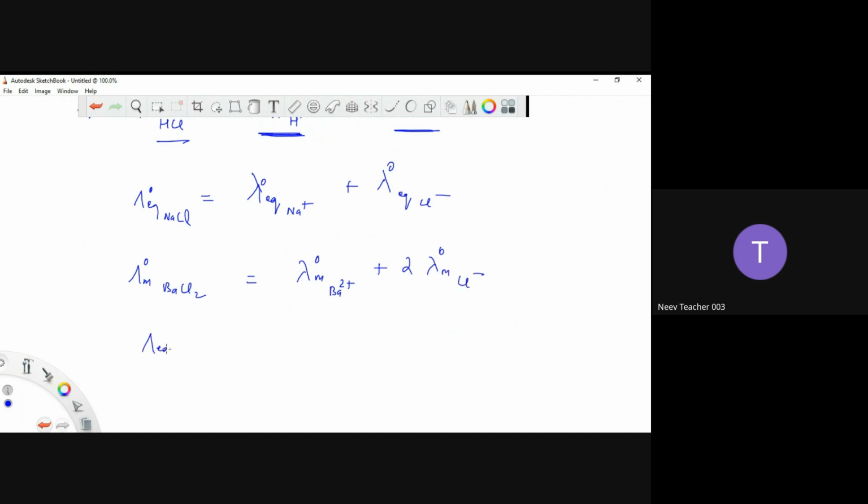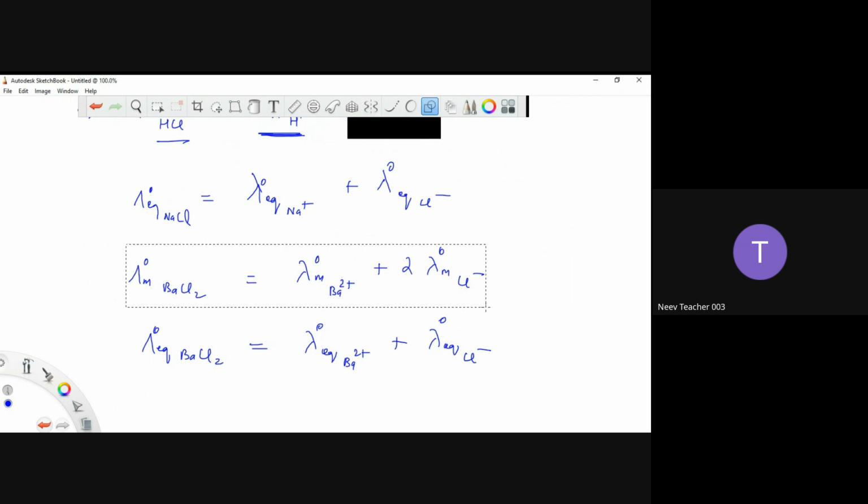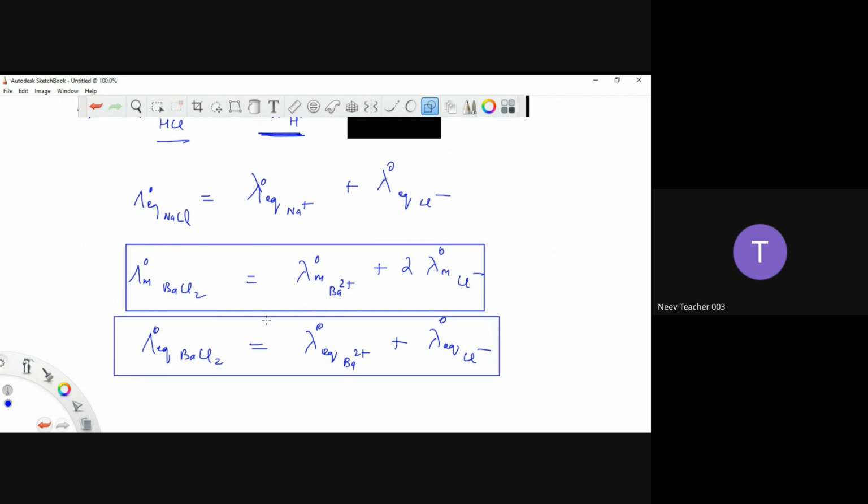But if I write lambda equivalent of BaCl2, then I write lambda equivalent of Ba2 plus plus lambda equivalent of Cl minus. Can you see the difference between these two? We are not using 2 in the case of lambda equivalent.